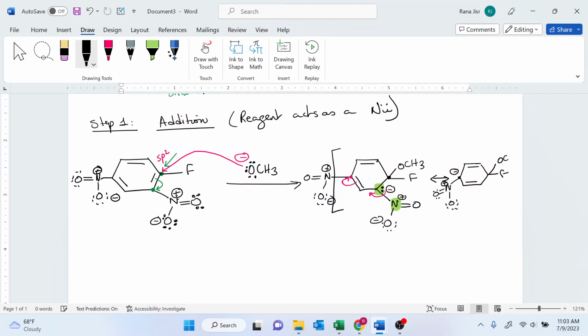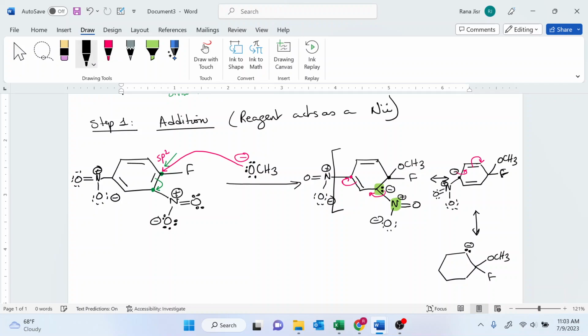Resonance is going to keep happening until you reach the carbon adjacent to the halogen so that the halogen can leave. So here you go, you have your fluorine, and now your negative charge is going to form a double bond here, and the double bond is going to form a lone pair and the negative charge on the adjacent carbon.